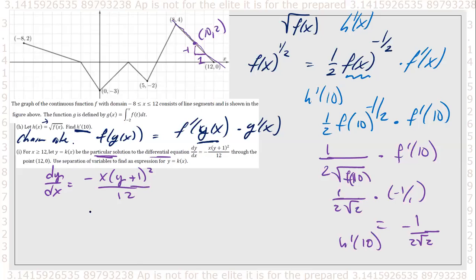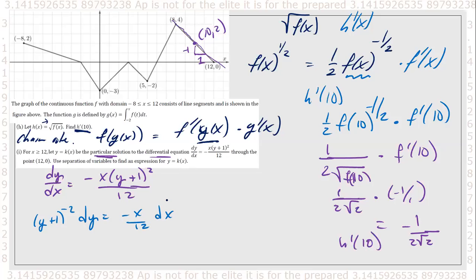So the first thing I want you to do is pretty much just move all the x's to one side, all the y's to one side. So this doesn't look that bad. This is going to be (y plus 1) to the negative 2 dy, and this is negative x over 12 dx.